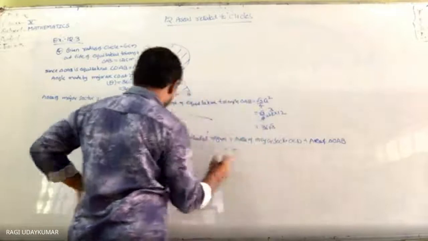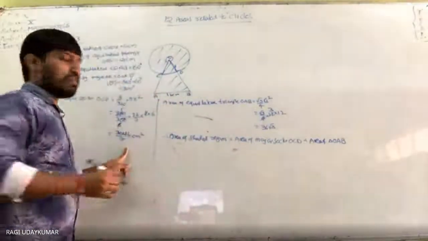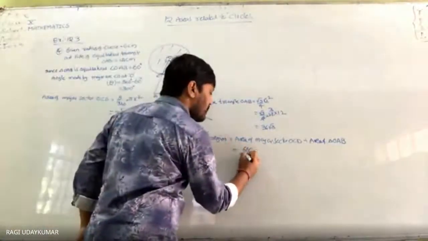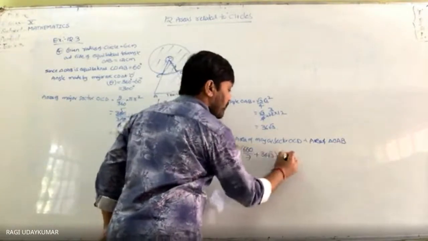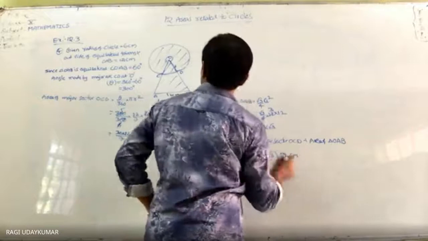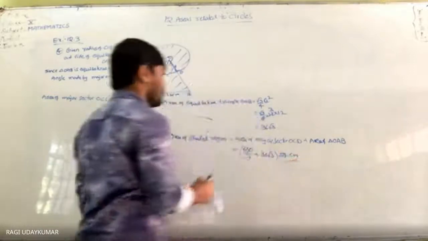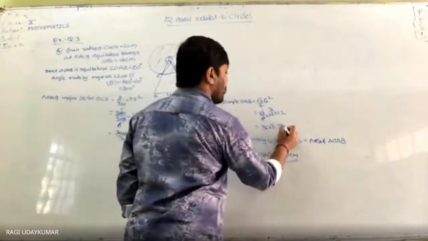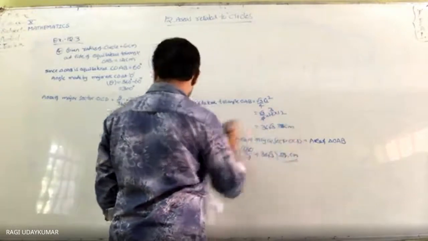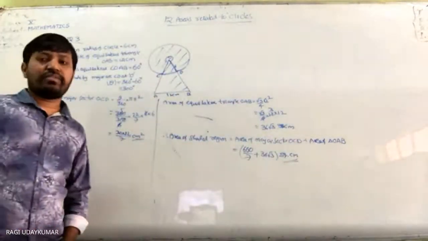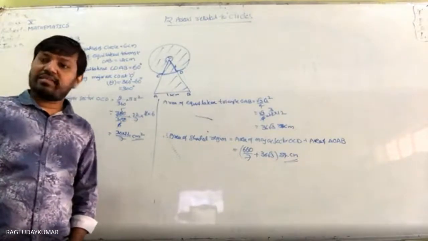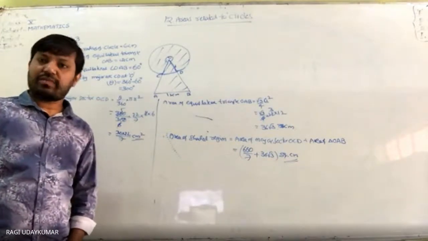Which is equal to, we get, 660 by 7 plus 36 root 3 square centimeters. Here you should write square centimeters for area. Centimeter square, or square centimeter also you can write. Did you understand this problem?